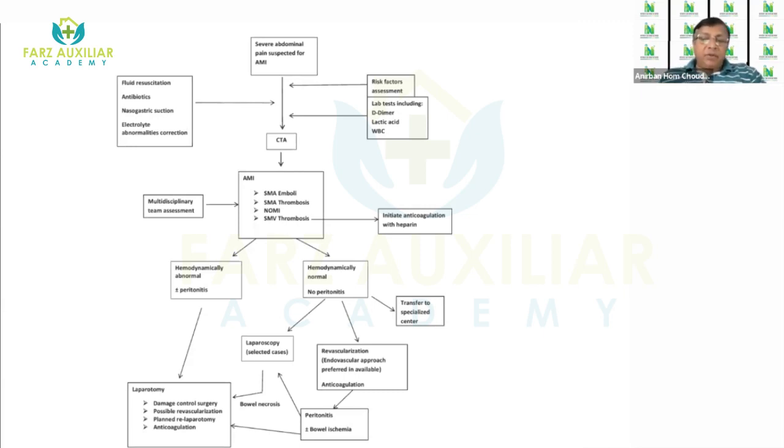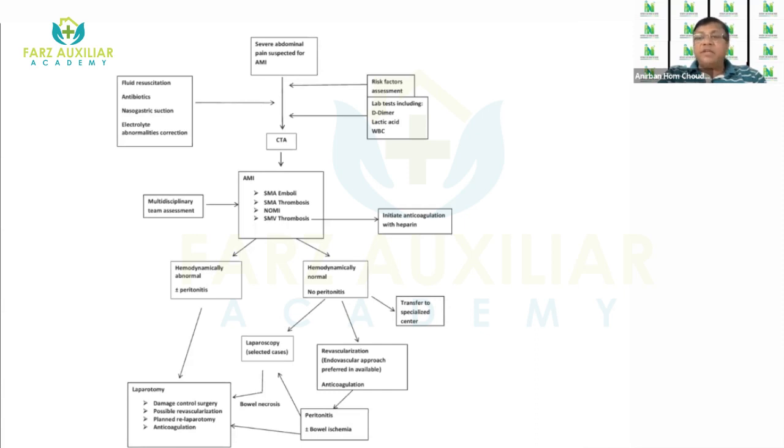Revascularization will again depend upon the presence or absence of bowel ischemia. In the presence of bowel necrosis, we have to go for laparotomy. Otherwise, even laparoscopy may be preferred. For revascularization, the endovascular approach is preferred if available.